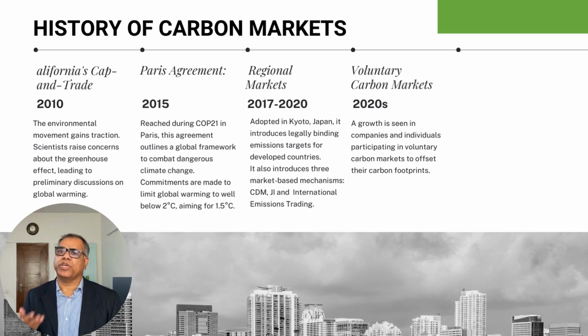For example, airlines are now offering that if you want zero emission travel, you can have the option. What they do is buy carbon credits from this voluntary market to make this air travel zero emission air travel. So the voluntary carbon market came in the form of Verra and GCC, and there are some markets further evolving.